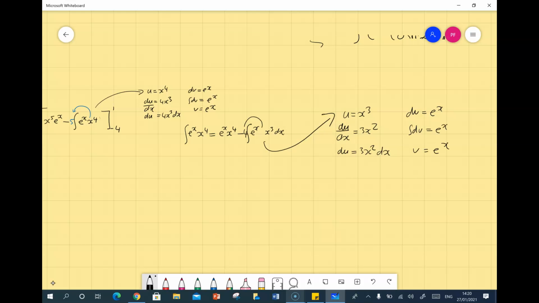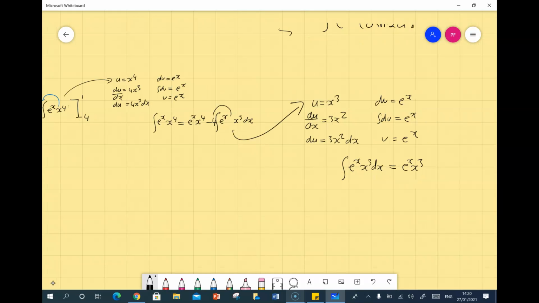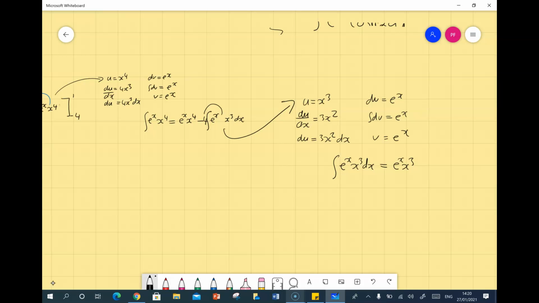So once again, we put that integral together. The integral of e to the power of x, x cubed dx is equal to uv, so it's e to the power of x, x cubed, minus the integral of v du, so that's e to the power of x times 3x squared. Once again, the 3 is multiplying, so I'll bring it out in front. So I'll have e to the power of x, x squared dx.